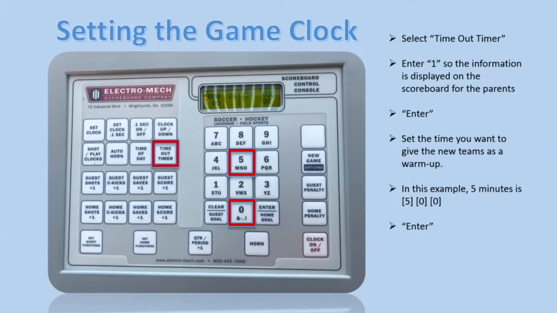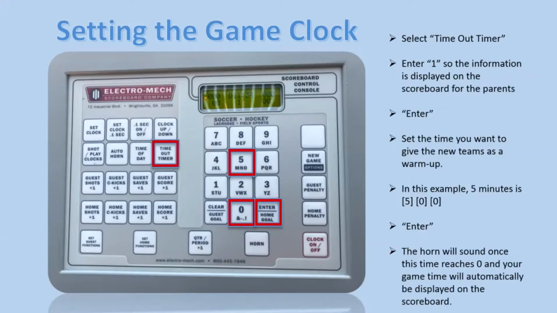Once you hit enter, the clock will automatically start counting down because that is how it is set up. It'll count down from 5 minutes. Once it reaches 0, the horn will sound and your game will automatically be displayed on the scoreboard.